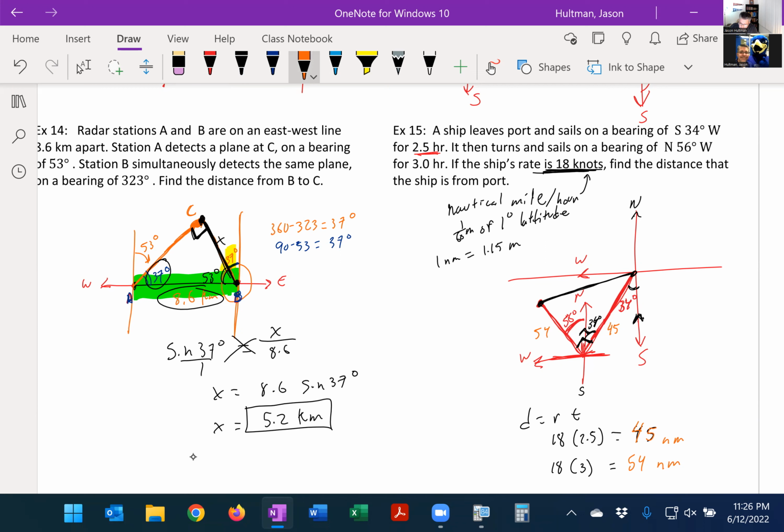We're looking for a squared plus b squared is equal to c squared. And we have 54 squared plus 45 squared is equal to c squared. So c is equal to the square root of 54 squared plus 45 squared. And so c is equal to approximately what?